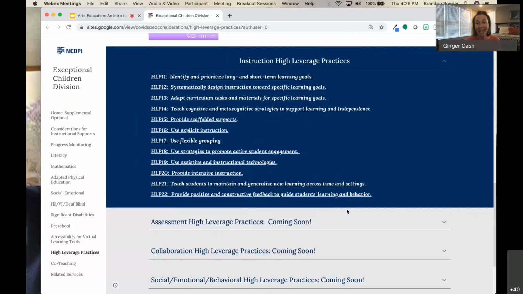I see provided scaffolding support, flexible grouping, adapting the curriculum and materials.